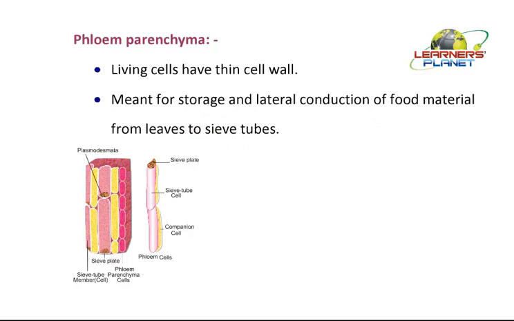So these living cells have a thin cell wall, and this thin cell wall helps in the transport of material in the lateral direction, to the parts of the plant situated in the surrounding tissues. Besides, it is meant for temporary storage so as to provide material for the maintenance of the phloem tissue also.